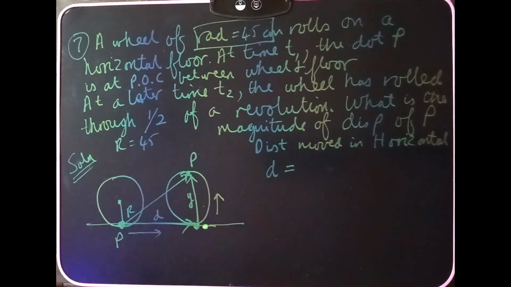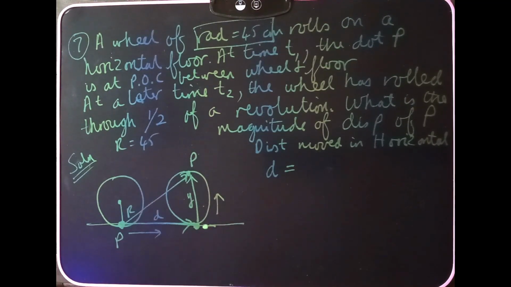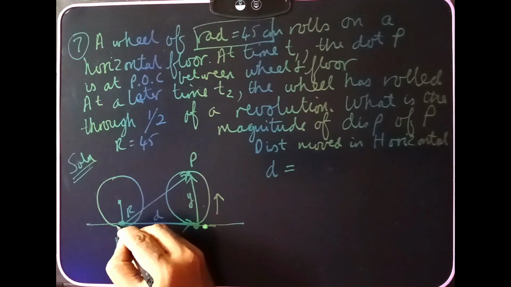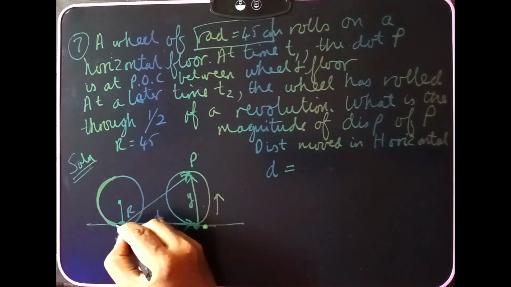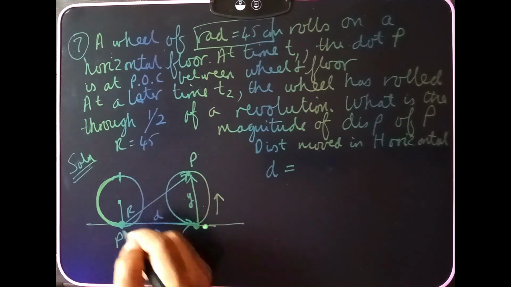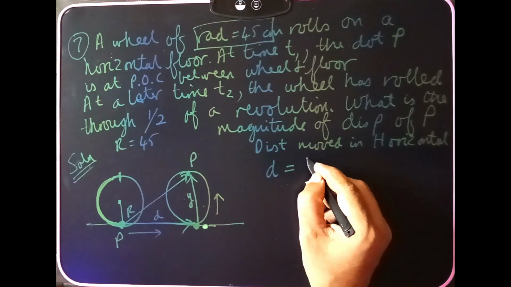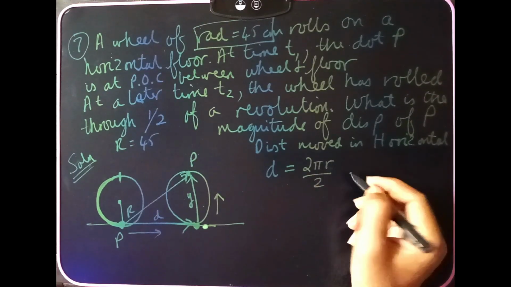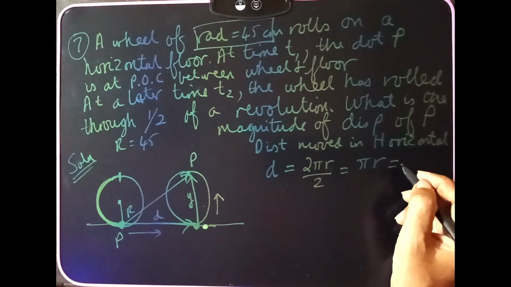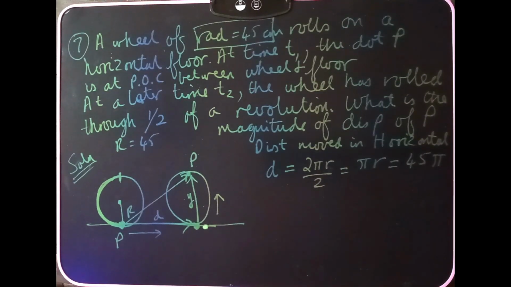Full revolution is 2 pi r. If the point P had moved a full revolution, it would be 2 pi r. So this distance d is half the circle, full circle 2 pi r divided by 2, which is pi r. R is 45, so d will be 45 pi.